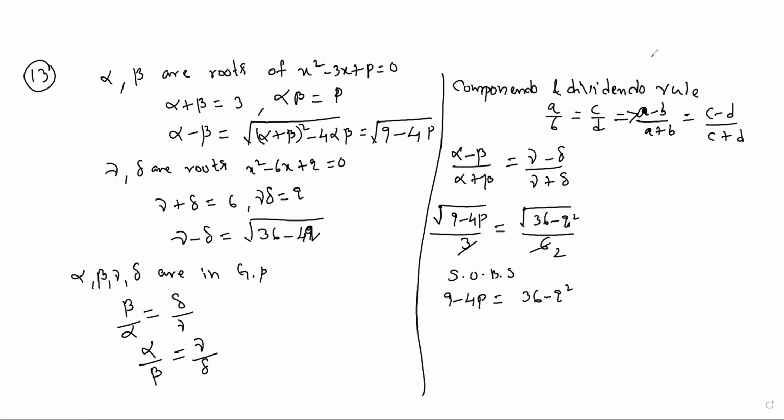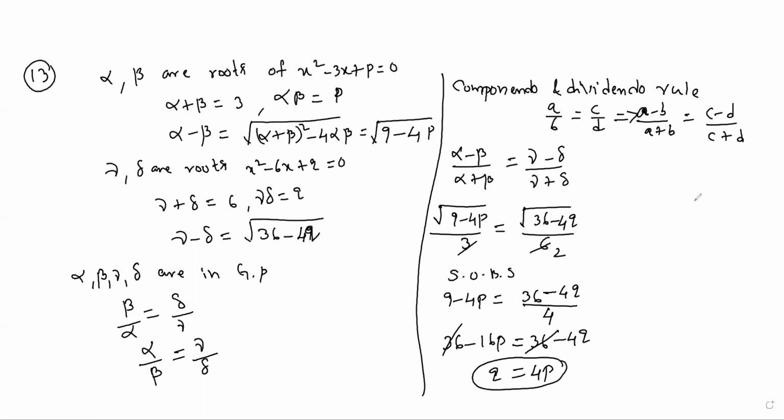So (9 minus 4p) divided by 2 square, that is 4, equals (36 minus 4q) divided by 36. Cross multiplication: 36 minus 16p is equal to 36 minus 4q. 36 cancels, minus cancels, 4 ones are 4, 4 fours are 16. Finally, the q value is 4p.